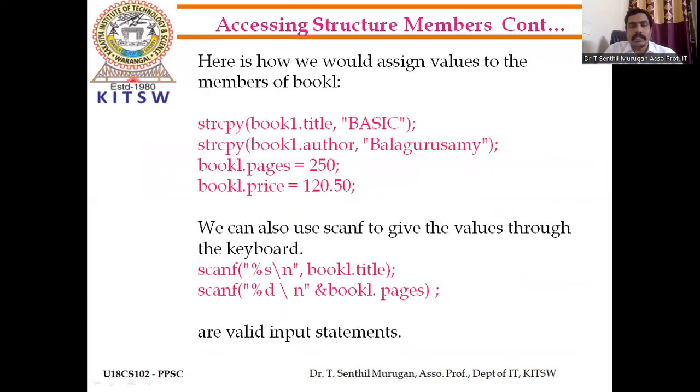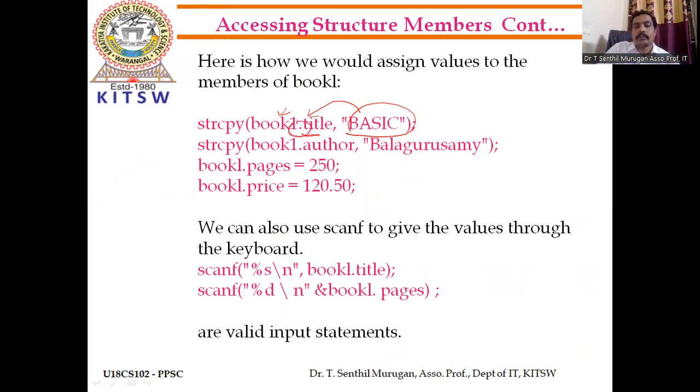Okay, see this example. In the previous example, how can we assign values to the variables? We know how to create them, so how do we access the members of the particular book bank? Here we can assign the text basic to book1.title. Book1 is the variable name for the book bank, and title is the structure member.